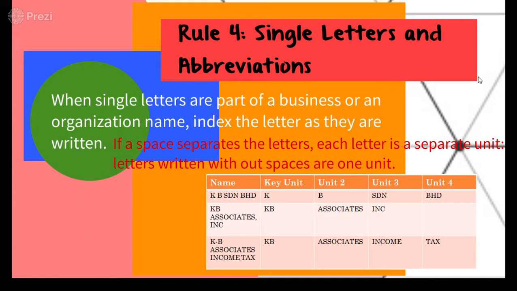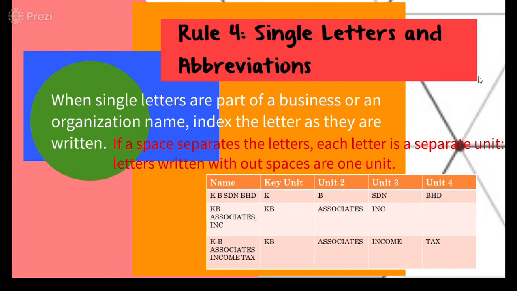Rule number 4, single letters and abbreviations. When single letters are part of a business or organization name, index the letters as they are written. If a space separates the letters, each letter is a separate unit.